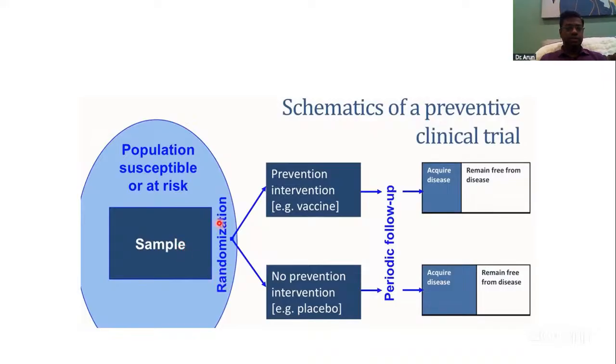In the randomization process, people are divided into two arms: one is the intervention arm, another is the non-intervention arm. Then these patients will be followed up for a time period, and again we will assess the percentage who acquired the disease and how many remain free from the disease.